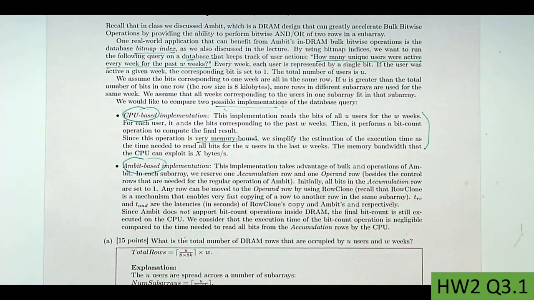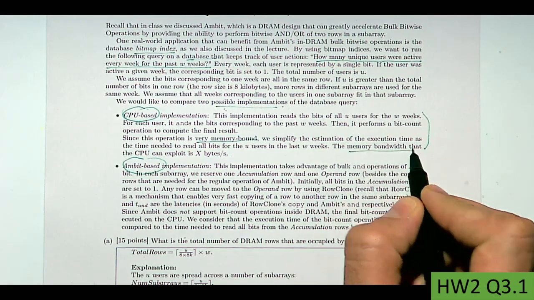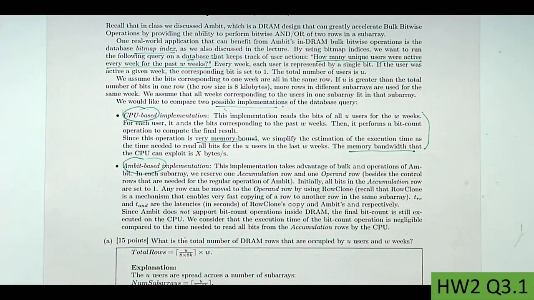The only thing we are going to take into account is the memory bandwidth. Essentially, this is the cost of bringing the data from memory to the CPU, and the computation, which is very little, is essentially hidden by all this data movement.